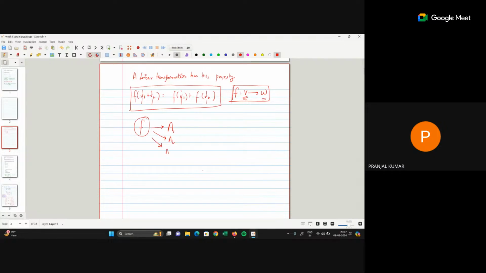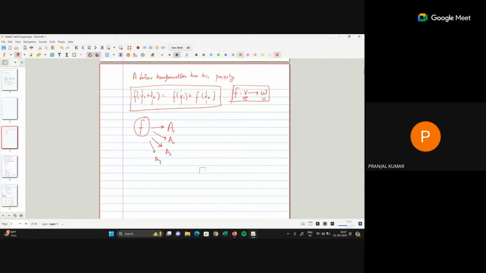Are you clear with this? Yes, it's clear. So these matrices are not unique. Every matrix is with respect to an ordered basis for domain as well as codomain. So every linear transformation has a matrix associated with it.